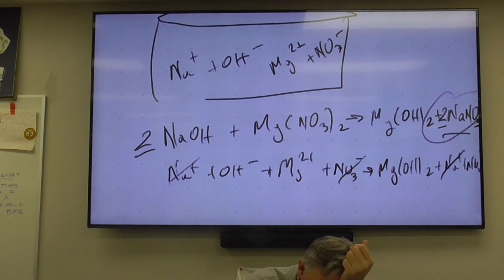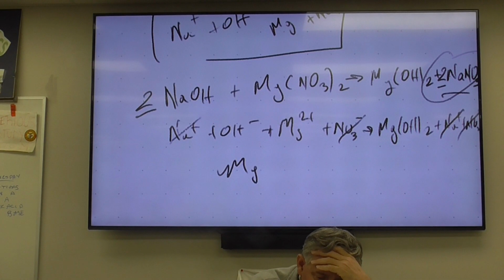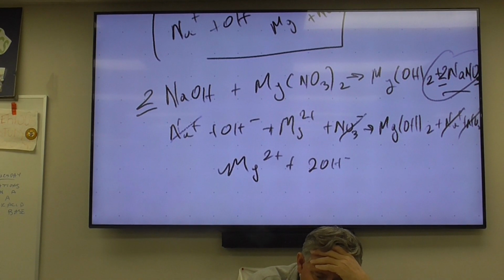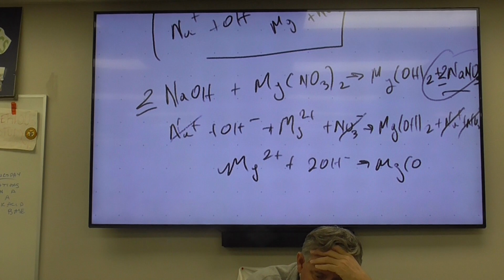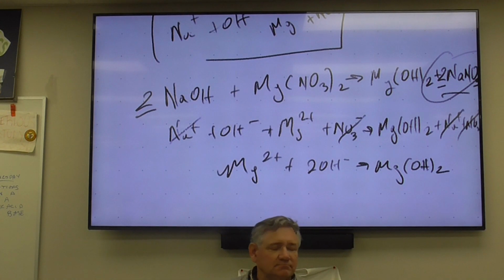The nitrate ion is still a nitrate ion over there. So your net ionic is going to be Mg2+ plus 2 hydroxides yielding Mg(OH)2. Is that Chem 2? That's Chem 2. There's your net ionic. Boom, balanced on charge, balanced on number of particles.